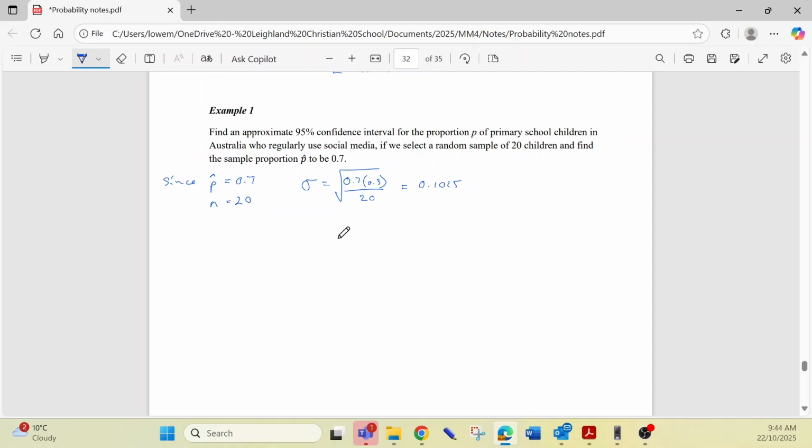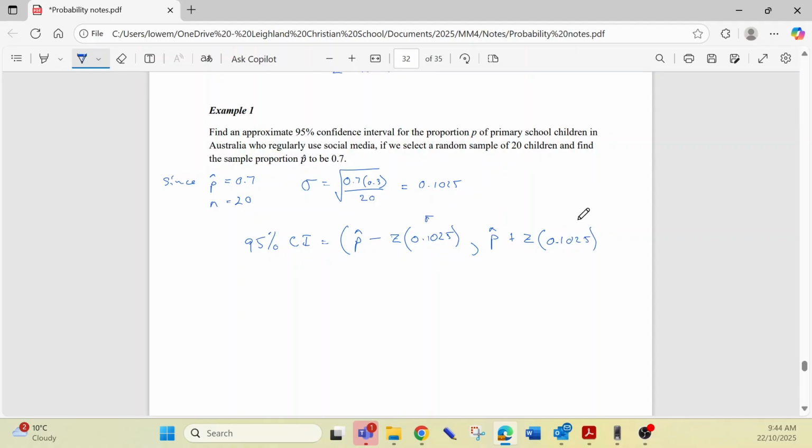which is equal to 0.1025. Now a 95% confidence interval is P hat minus Z times 0.1025 at the lower end, and at the upper end, it's P hat plus Z times 0.1025.